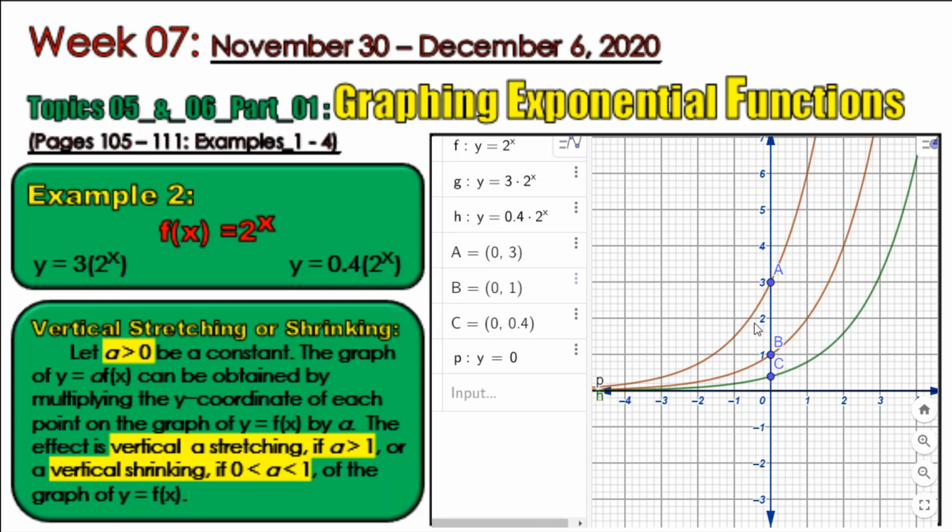Okay, so in this case, if we will be multiplying 2 raised to x by 3, from this graph it stretches vertically, so this is now your new graph, while if you will be multiplying 2 raised to x by 0.4, it shrinks vertically.